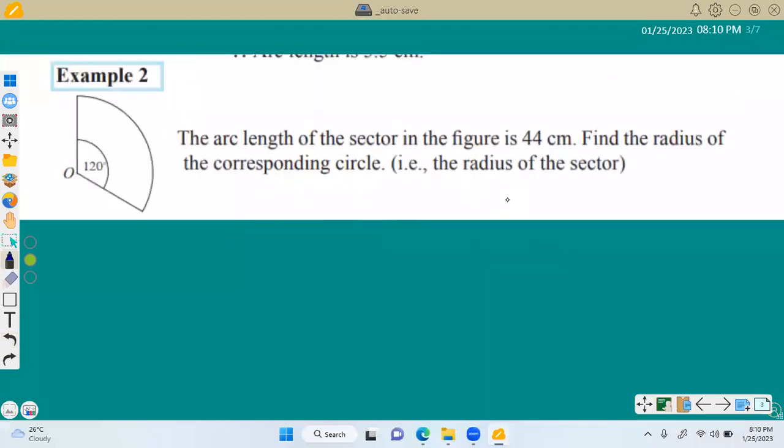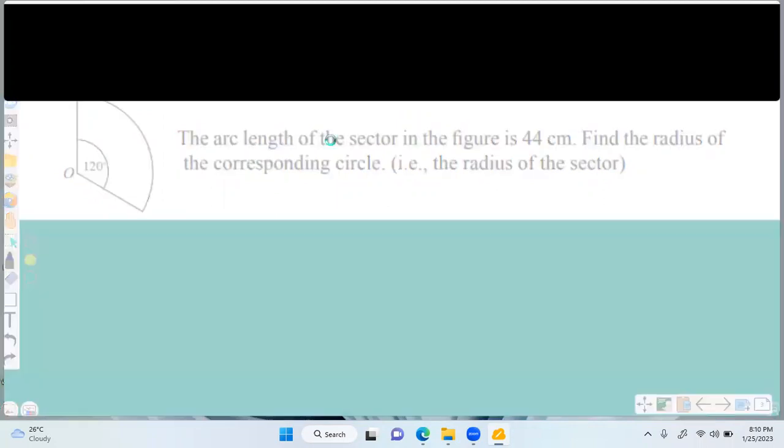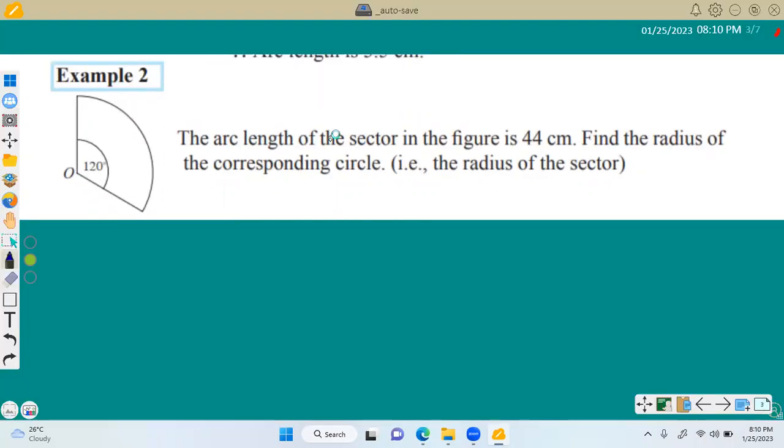Okay, it is different than the previous one. Here, the arc length of the sector in the figure is 44 centimeters. That means still the arc length is given. It is 44 centimeters.